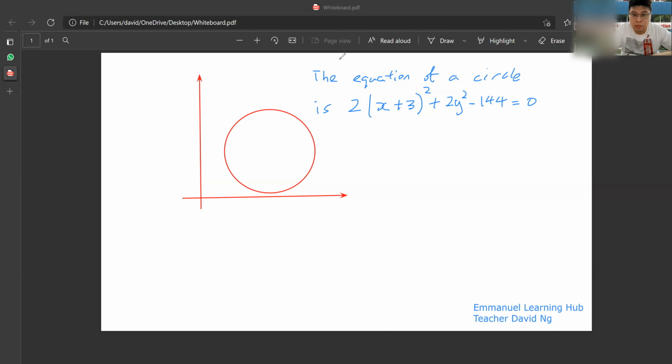Maybe don't use 144. Use 288. Okay, let's say the equation of the circle is like that. Then they ask you to find the radius and its center.